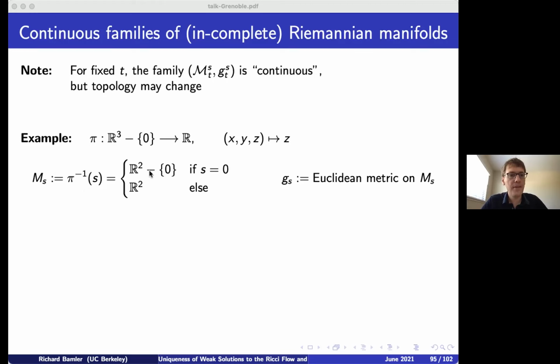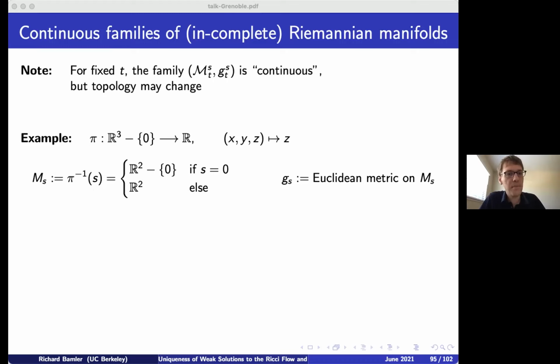So then M_S is either R^2 minus the origin, if S is equal to 0, or R^2. Okay? And let me just choose the Euclidean metric on M_S. Okay? So this gives us some kind of continuous family of two-dimensional flat Riemannian manifolds. Okay? Which do change the topology as we vary the parameter.